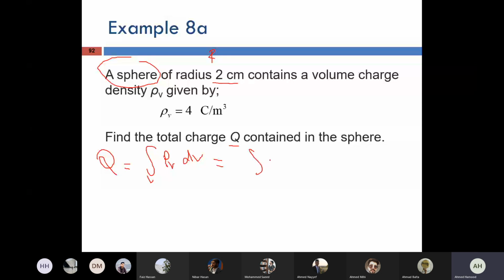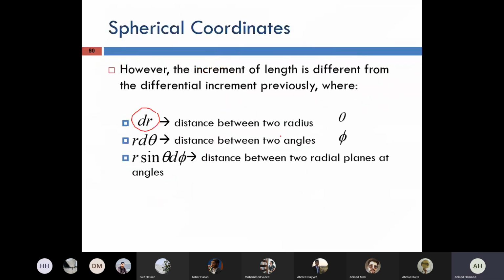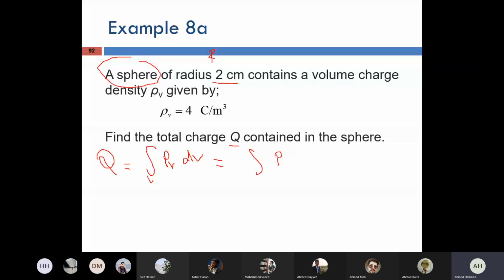Q is equal to the integration of 4 r squared sine theta dr d theta d phi.